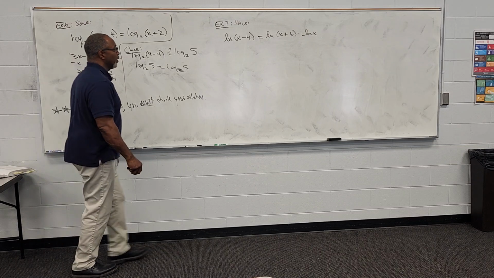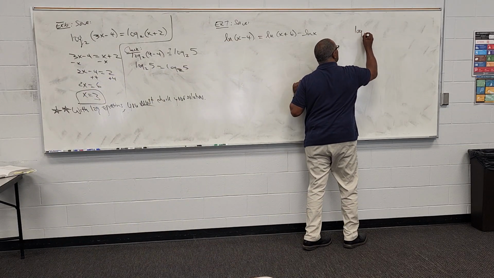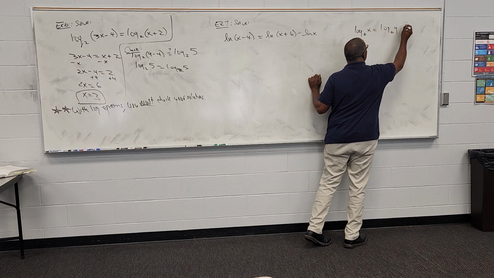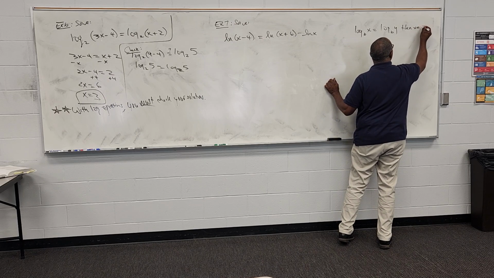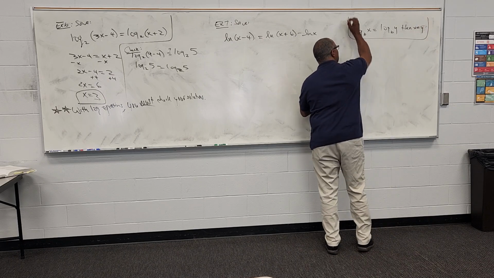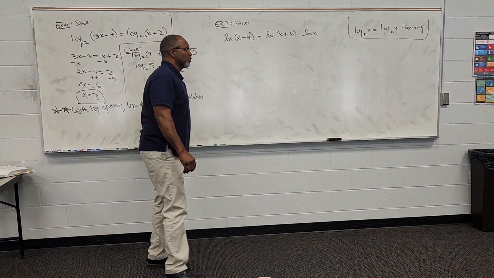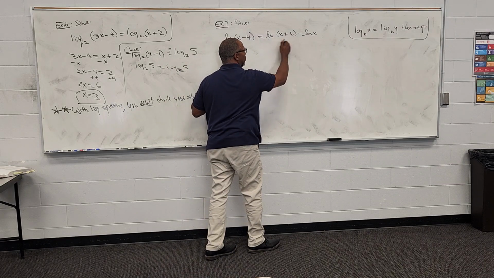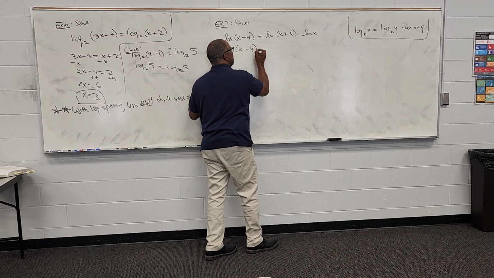Well, the property says that log to the base b of x, whenever that's equal to log to the base b of y, then x equals y. There's my little equivalence property. If the log to the base b of x equals log to the base b of y, then x equals y. Well, I can't use that property when I have two logs, so I'm going to have to use my log properties to combine this.